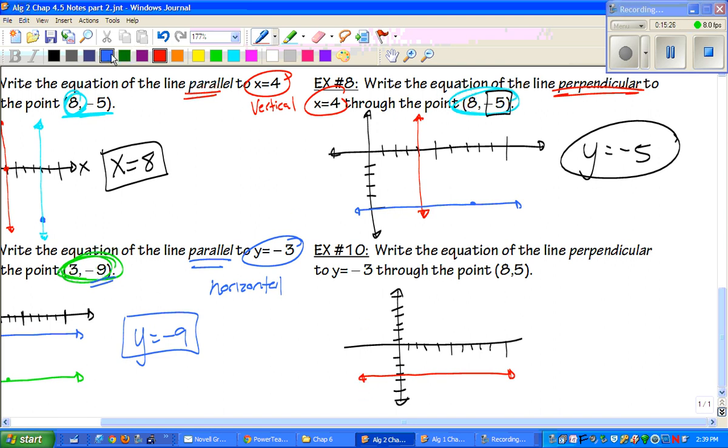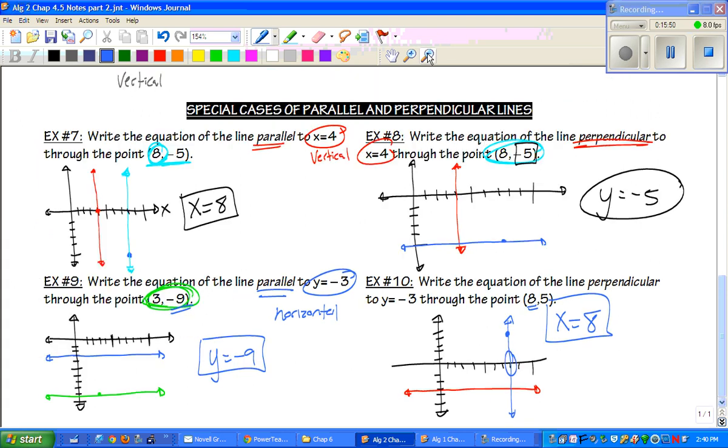And we want this to go through the point 8, 5. So if I want a perpendicular line, x equals 8. So you have to pay attention to whether it's saying parallel or perpendicular when you're doing these. Don't be sloppy.